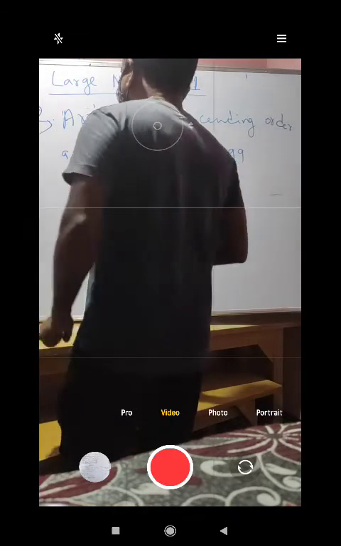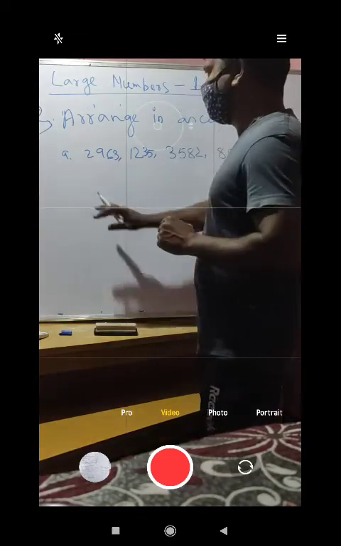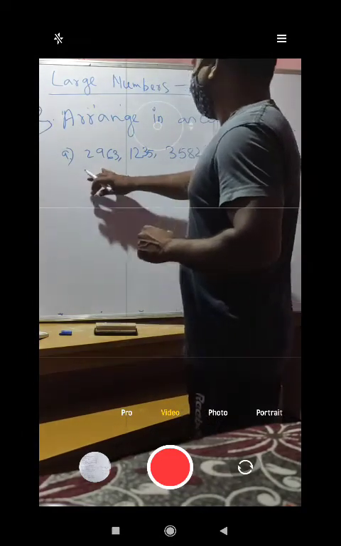Okay. So ascending order in the sense from small to big you'll have to arrange. Okay. So these are all the figures that it has given. Okay. These are all the numbers.